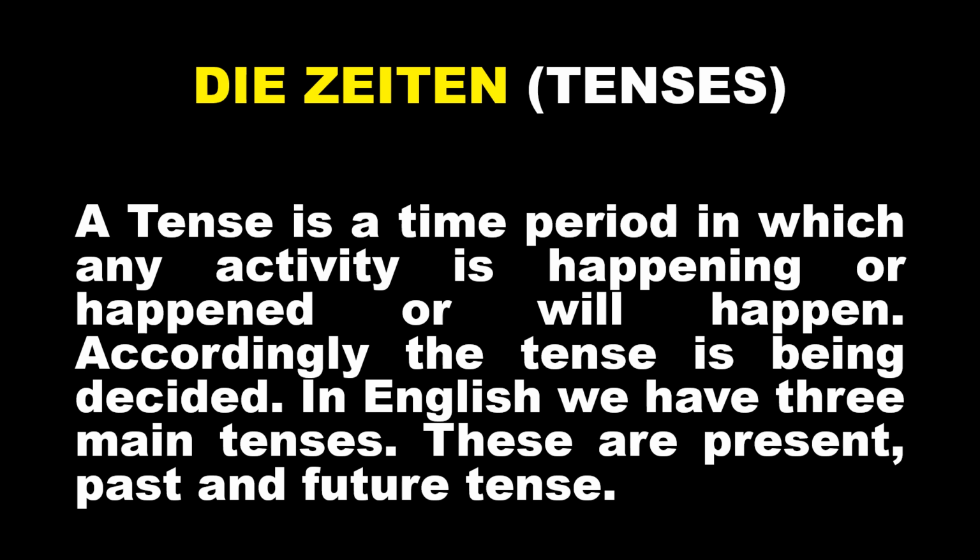Just like in English, we have 3 main tenses and 12 subtenses. These are present tense, past tense and future tense. But in German, we do not have 12 tenses. In a very simplified manner, let's understand tenses.